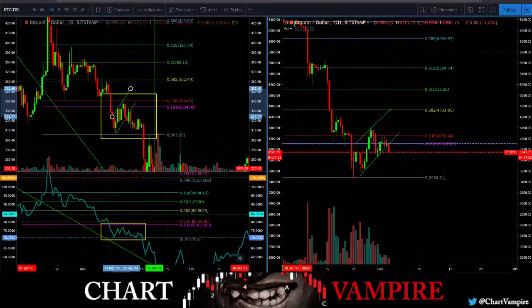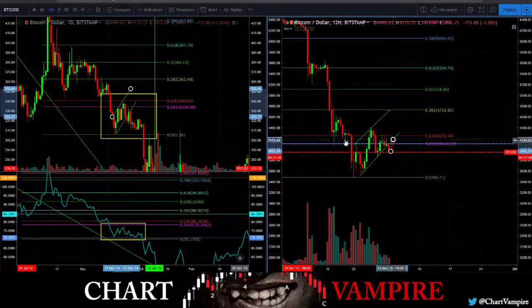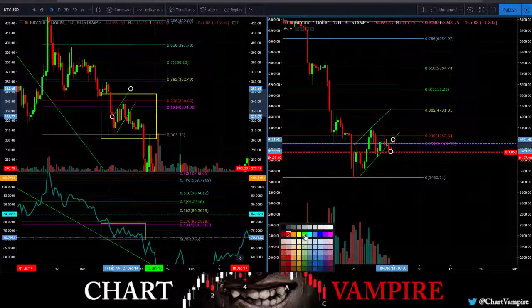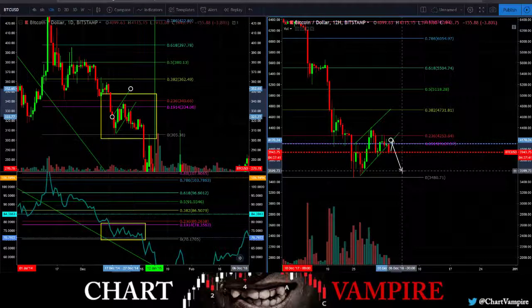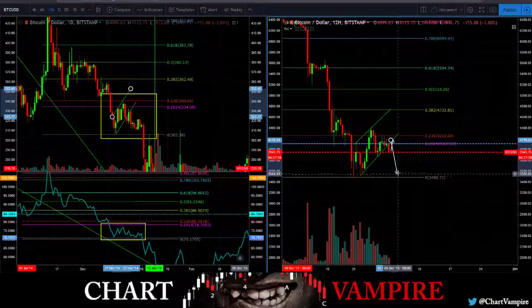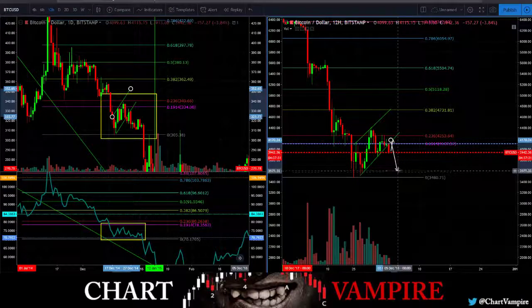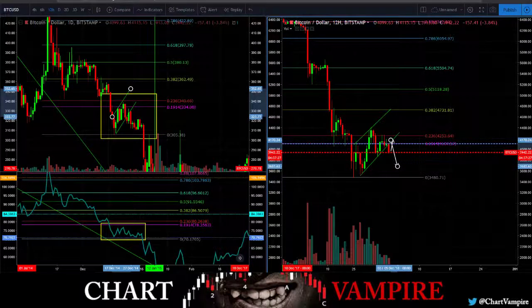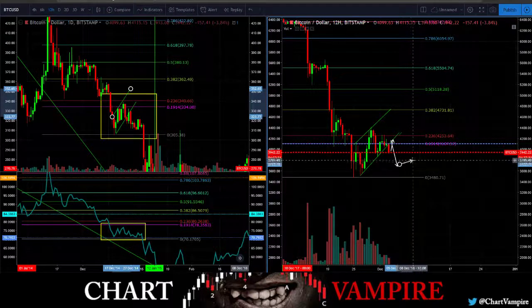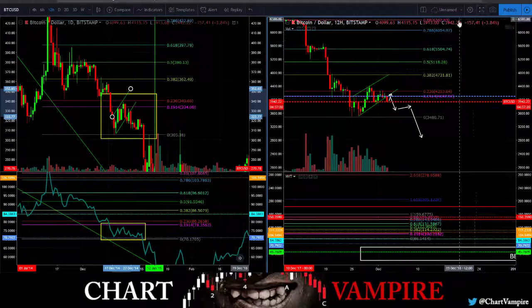So you dropped below, back tested the channel again. And then this fell out one more time. It pretty much fell to consolidation, fell right into this area, moved sideways, and then fell out.